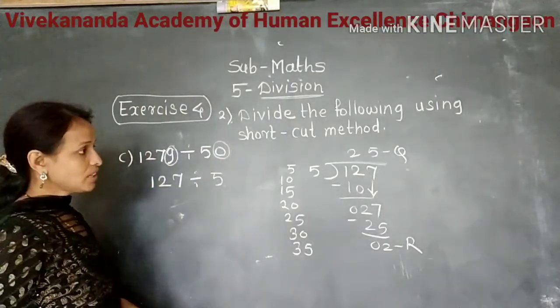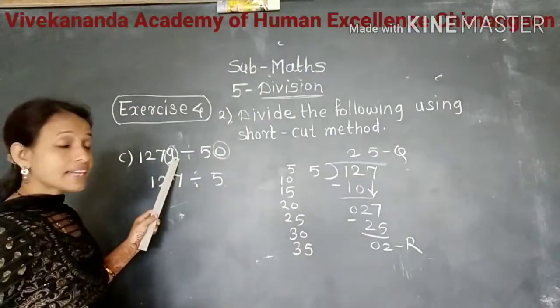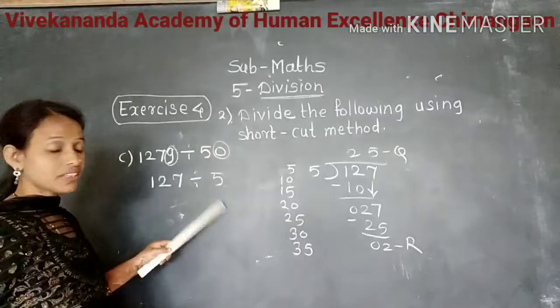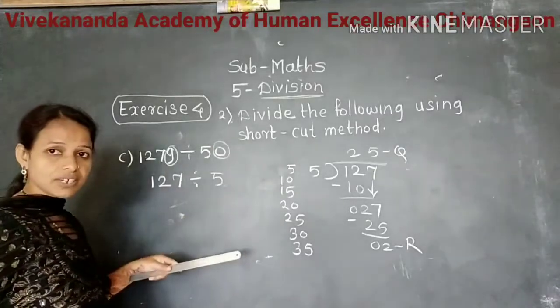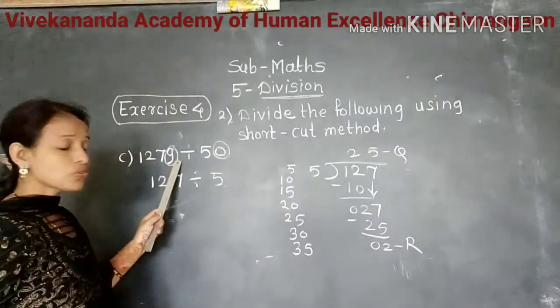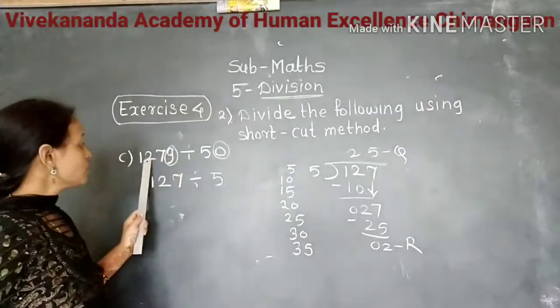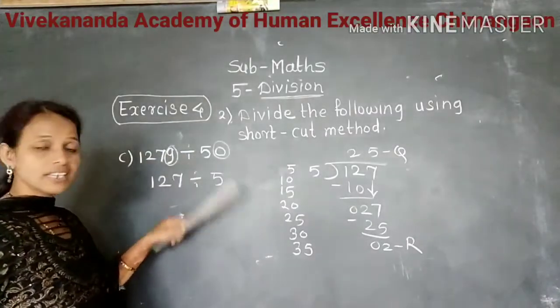Okay. So here we get the quotient and remainder for the new dividend and divisor. But we want to find the quotient and remainder of 1279 divided by 50.